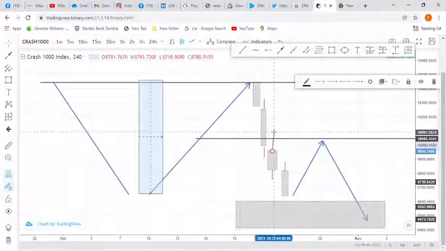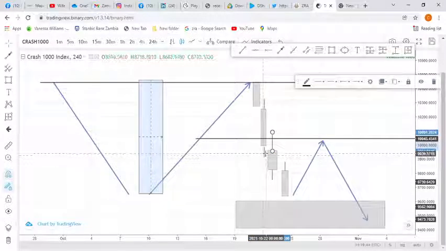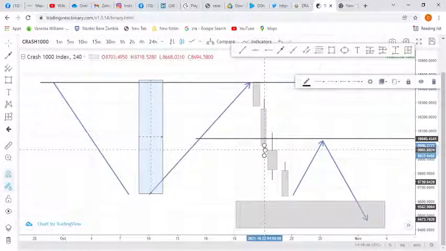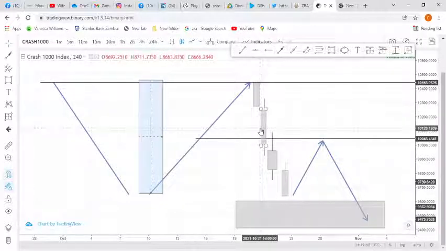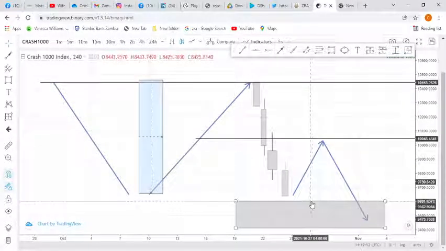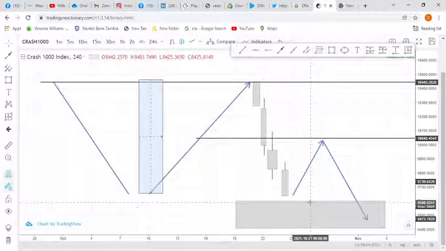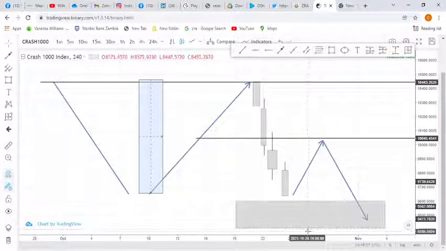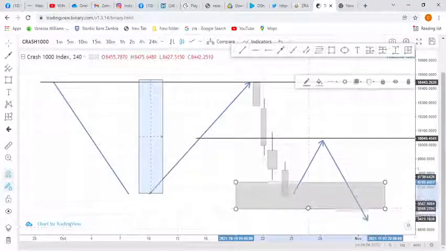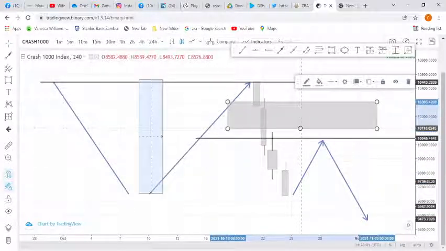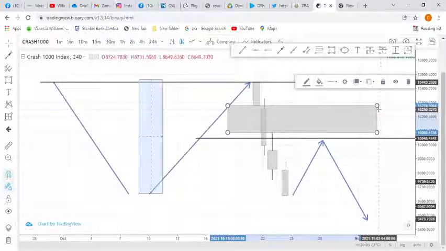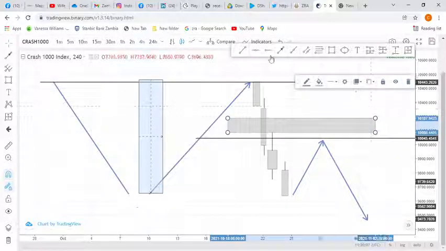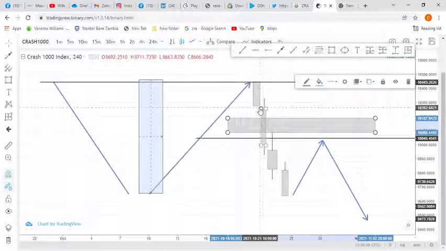I want you to follow this. In situations like this, we are not going to follow the third candle. You get the point? What we are going to follow is the second candle. So when it comes to marking, we are going to mark starting from our first candle wick, the first candle wick here.